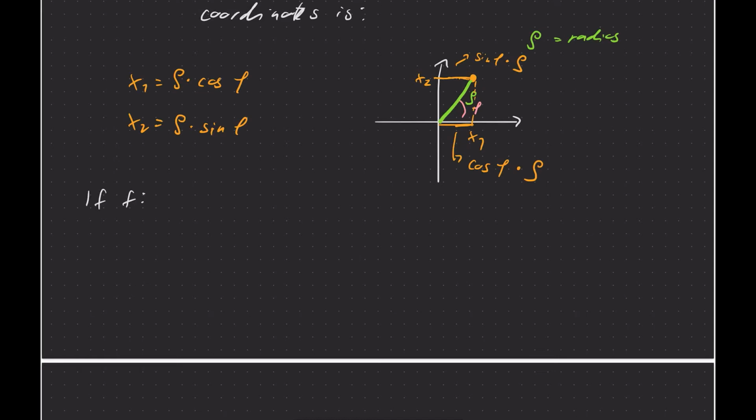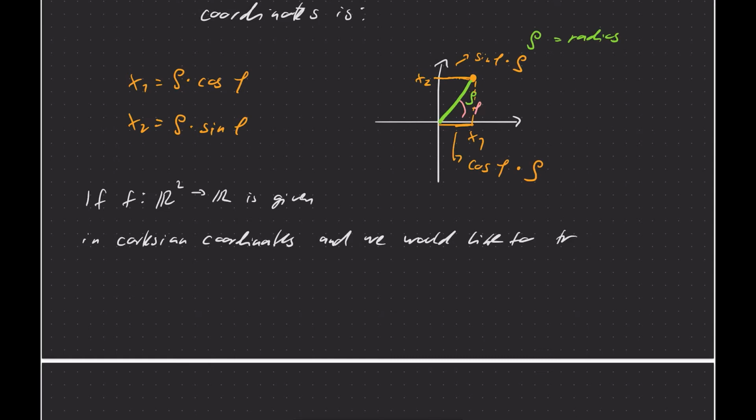So if f, let's say a mapping from R2 to R, is given in Cartesian coordinates, and we would like to express it in polar coordinates.